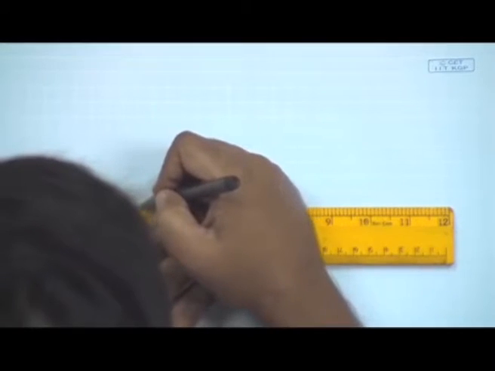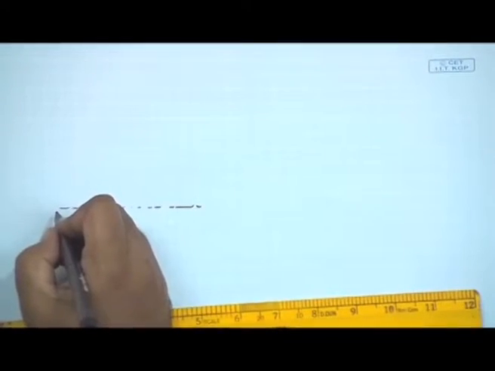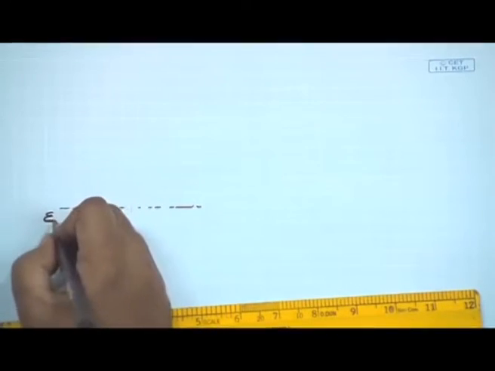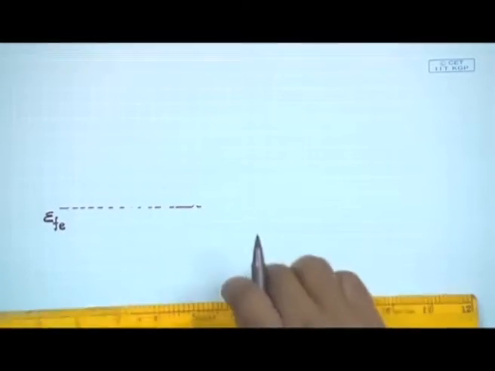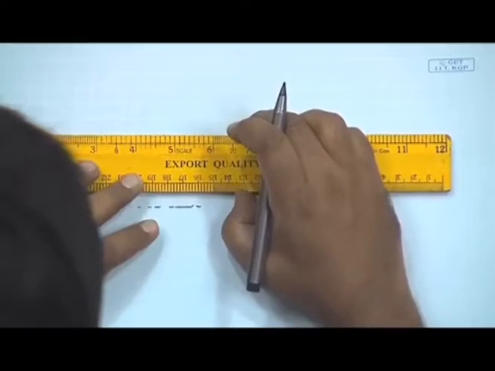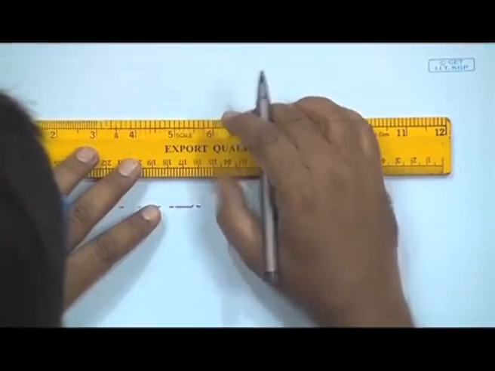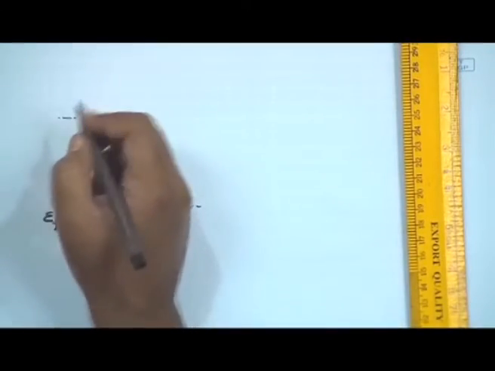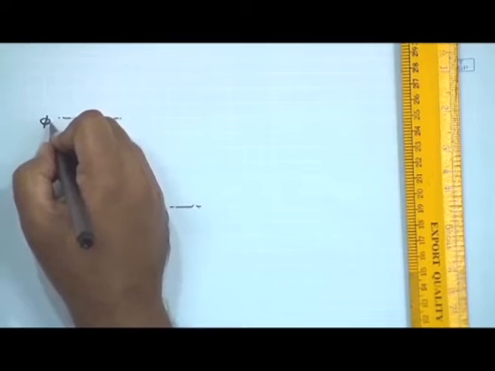This is the energy level, and I am calling it the Fermi level of the emitter. Similarly, this is one level, and I am going to call it the work function of the emitter.